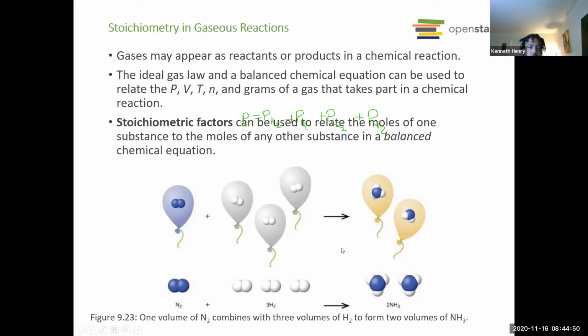It's going to behave the same way, but now you have a way of calculating moles, right? PV equals nRT, right? If you're given pressure, temperature, and volume, you can calculate the number of moles. Or if you're given grams, you can calculate the number of moles that way too. But it will still obey the rules of chemistry. So you're still going to use stoichiometry. Are you with me? Yep.